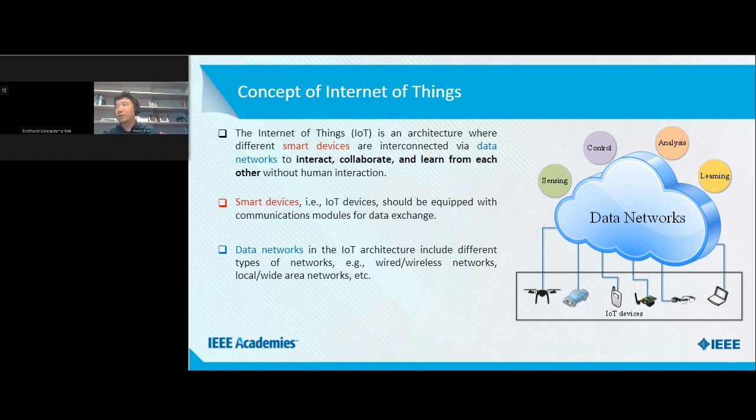But all of the IoT devices should be equipped with communication modules to achieve the data exchange. So here the data networks in the IoT architecture play a very, very important role to enable different IoT devices to interact with each other. And there are different types of data networks in IoT, such as wired or wireless networks, local or wide area networks, and so on.